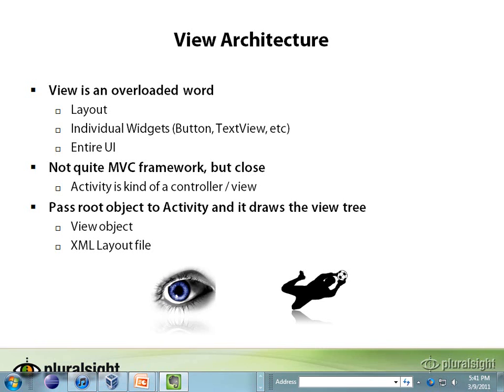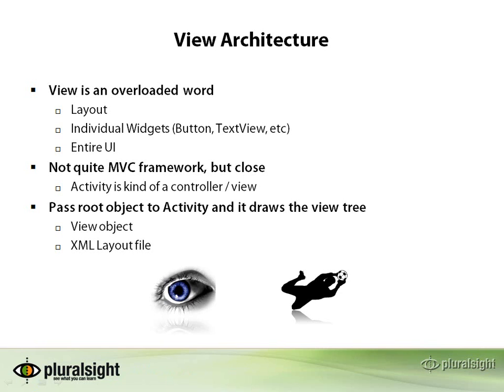In the module where we talked about the project structure of an Android application, we looked at how a layout file could exist in different resource file directories, and this is where that would come in handy, if you need to make a completely different layout or lay out things a little bit differently for a different language, or even for a different resolution of screen. You would be able to use the same activity but then use different XML files for your layout.